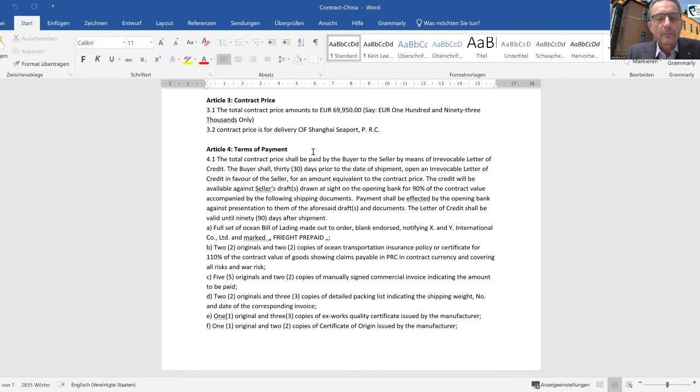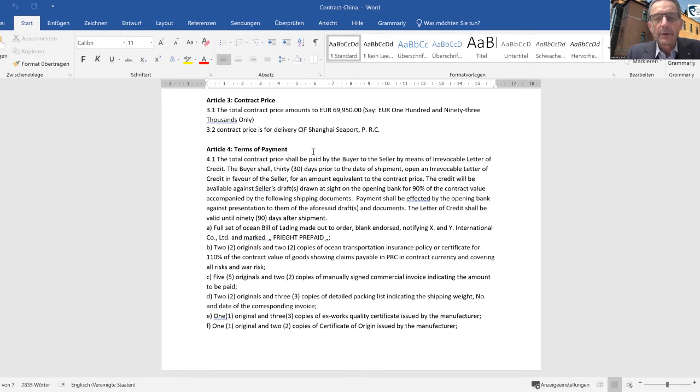Then in B, 2 originals and 2 copies of ocean transportation insurance. So remember, CIF is the Incoterm, and the I means you have to bear the insurance.